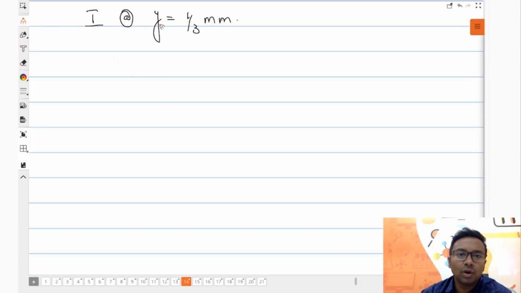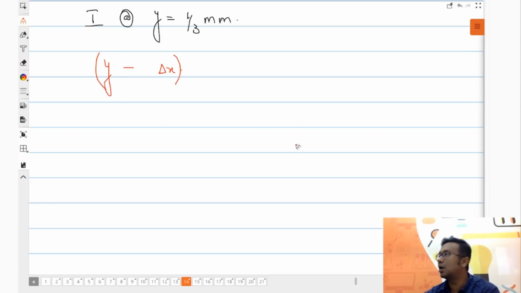We need the relation between y and delta x. How do we find it?